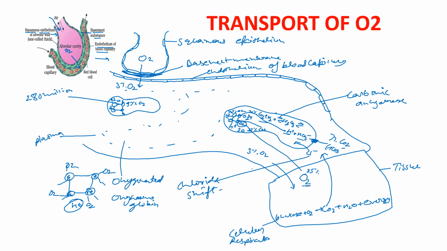Now, because carbon dioxide dissolves in blood vessel and in RBC, this is called deoxygenated blood. Now these blood vessels will carry deoxygenated blood from tissue to the lung. So here we talk about the transport of CO2, carbon dioxide.